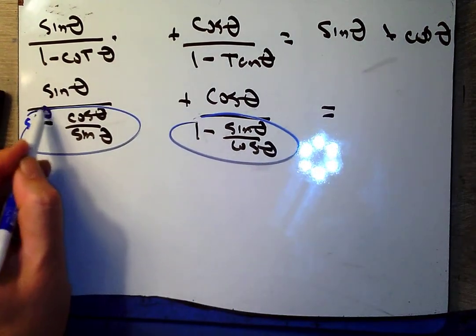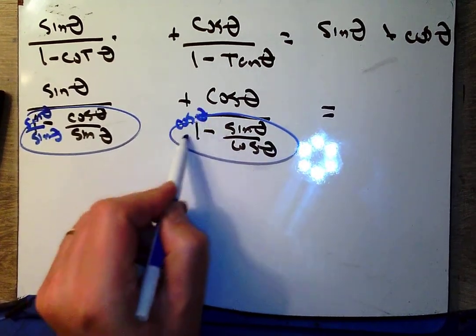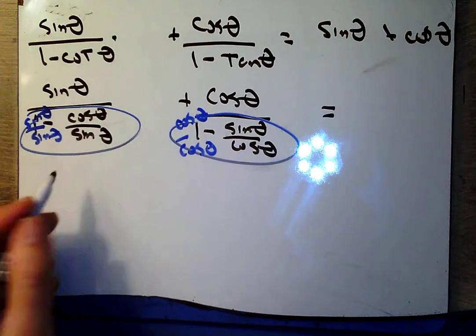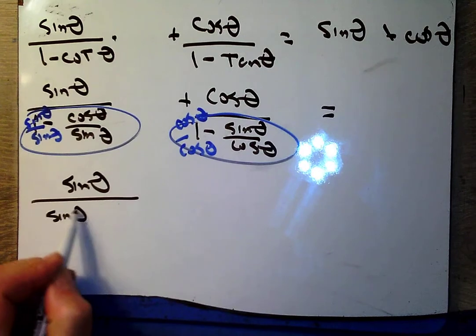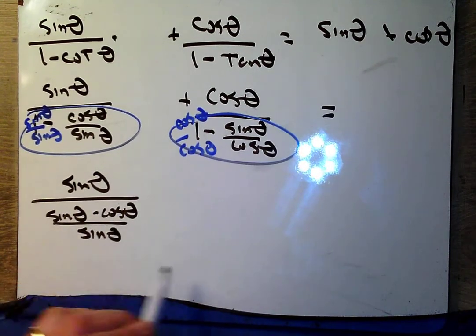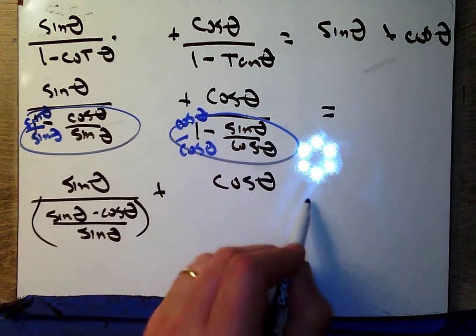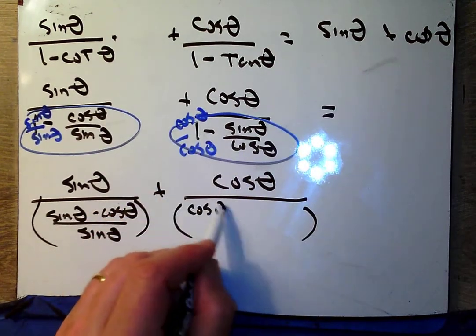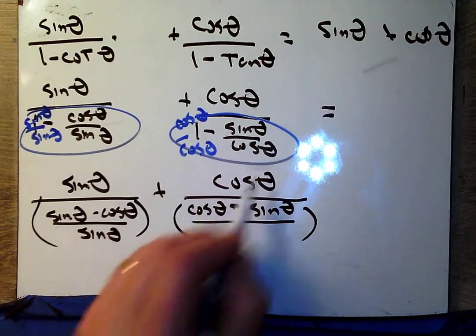Here I need to multiply by sine over sine, and here I need to multiply by cosine over cosine. And so what am I going to have? I'm going to have sine theta over sine theta minus cosine theta all over sine theta. And again, on the bottom there, we've got cosine times 1, cosine minus sine, all over cosine.